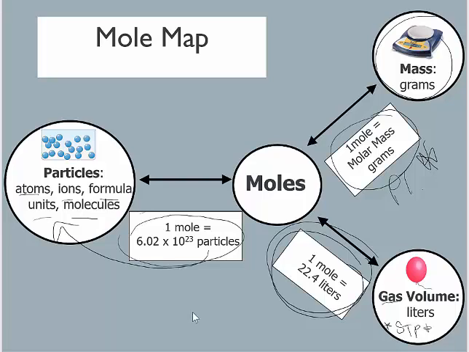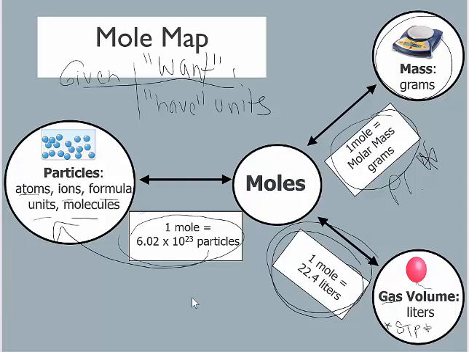When we are converting, we set up our basic T, and we start with whatever we're given. We put what we have already on the bottom, which means the units only, the have units. And then whatever we want for units has to go up top.